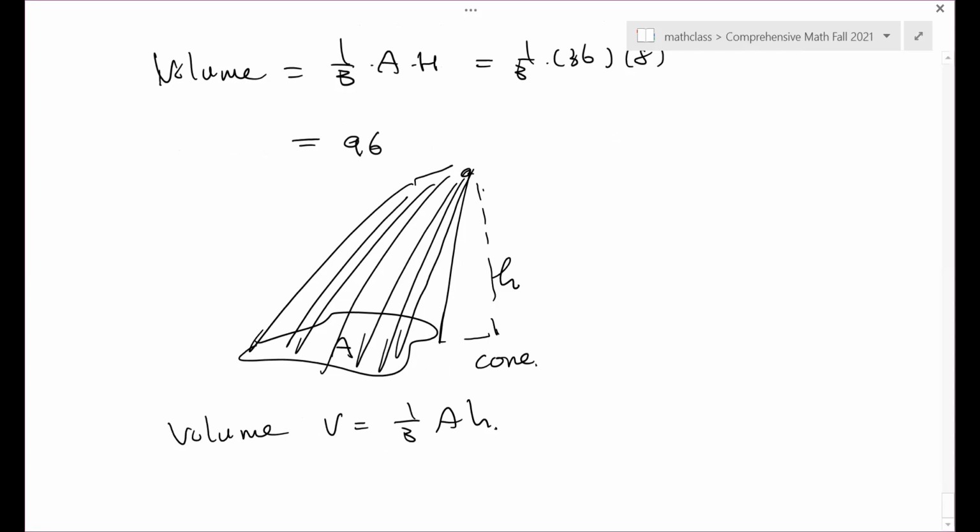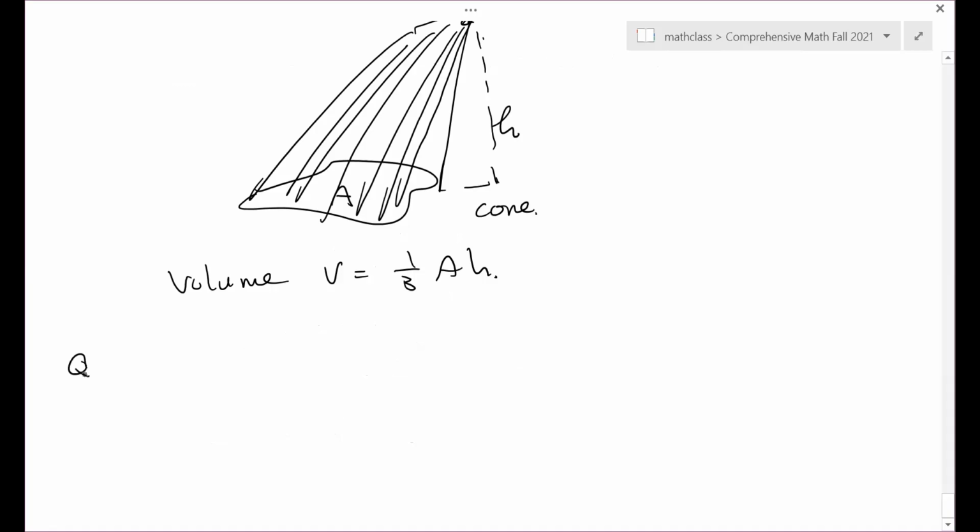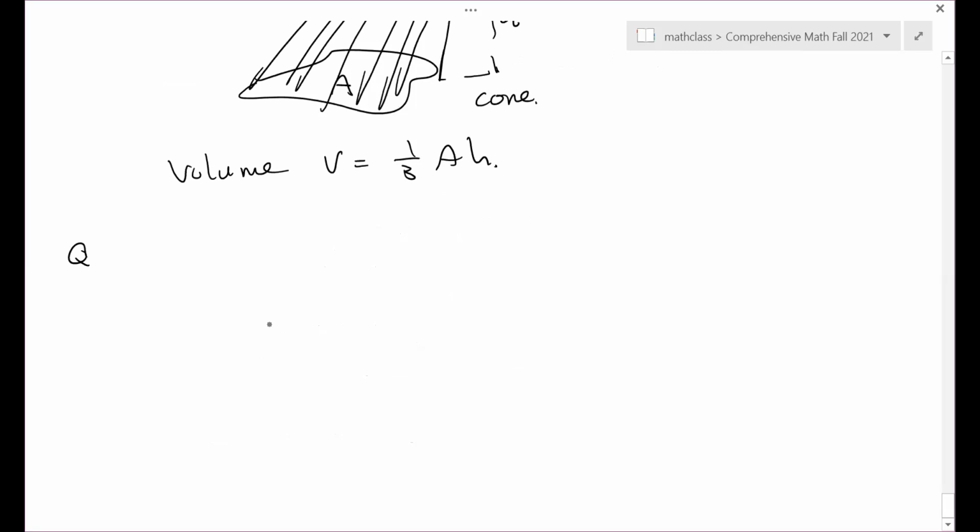Okay, let's do one more problem. The last one, we're talking about a tetrahedron, right? This tetrahedron consists of equilateral triangles. So it's going to be like that. How many pieces?